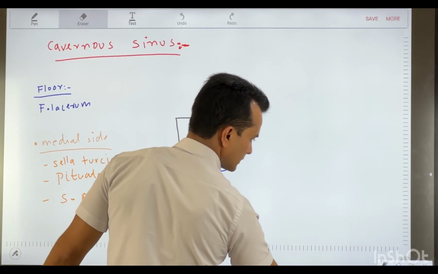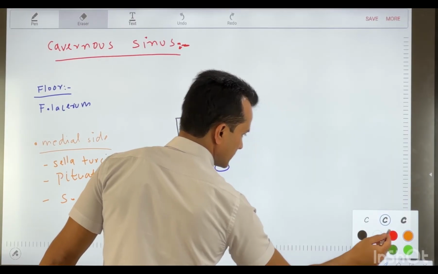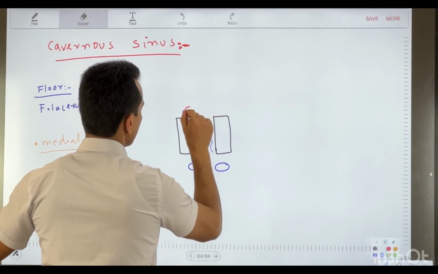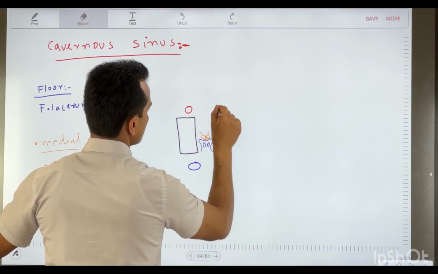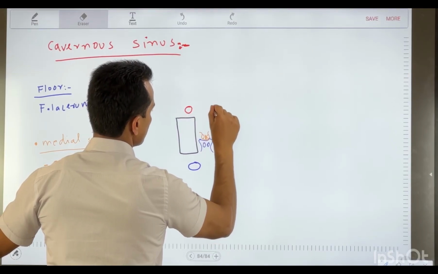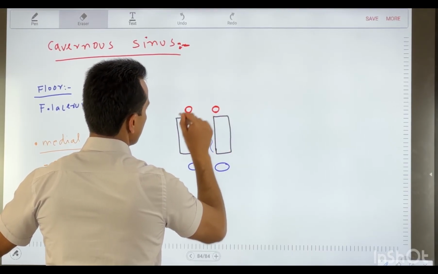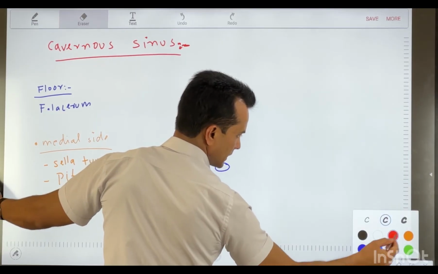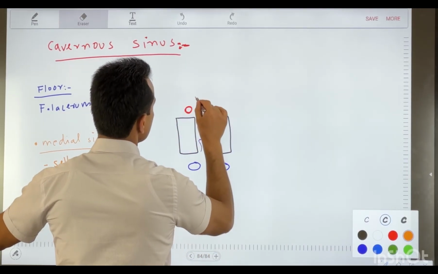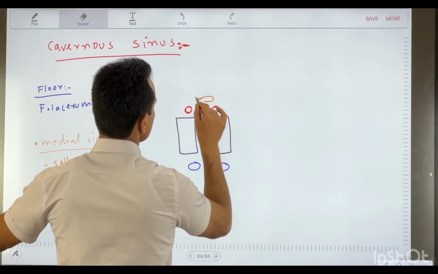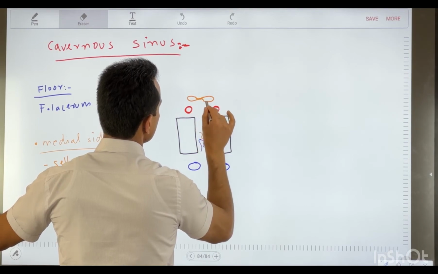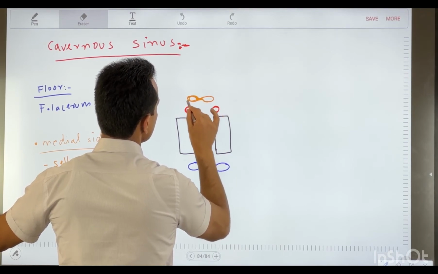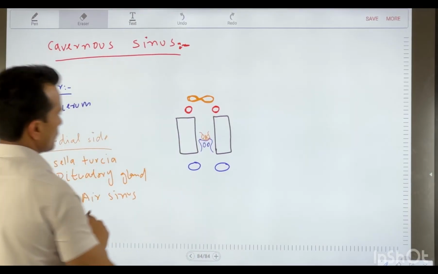Okay, let me draw again please. On the roof is the internal carotid artery, and then you have got the optic chiasma. So this is your optic chiasma.